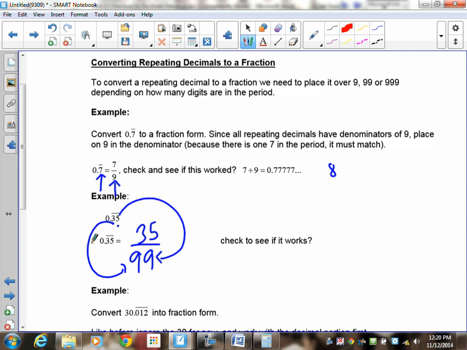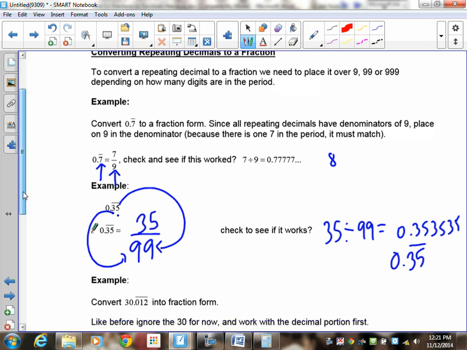Now 35 over 99, find out if it works. Take 35, divide it by 99, and see what you get. And you will see 0.353535. So your answer looks like that, 0.35 repeating. All right? I want you to try the one on the bottom here. Well, actually, I'll help you with this one.